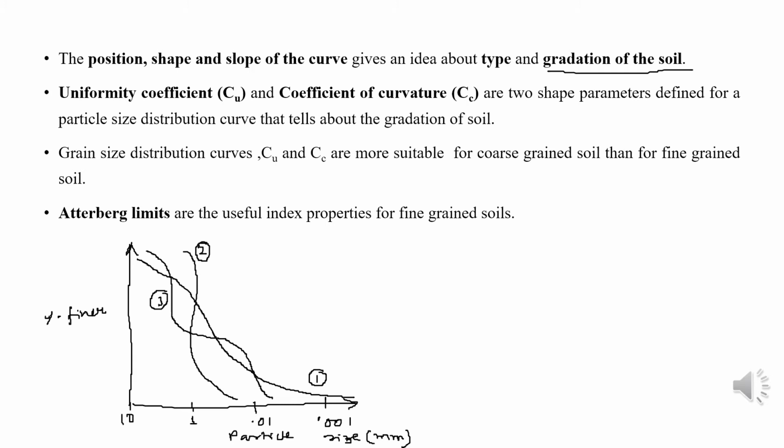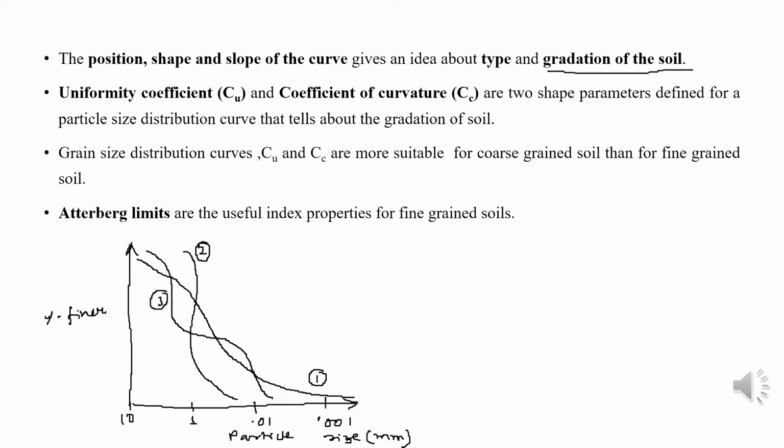If we closely observe the three graphs, we can say how the particle size reveals whether a soil is coarse grained or fine grained, and thus tells us about the type of the soil.